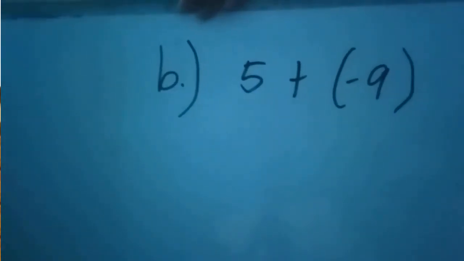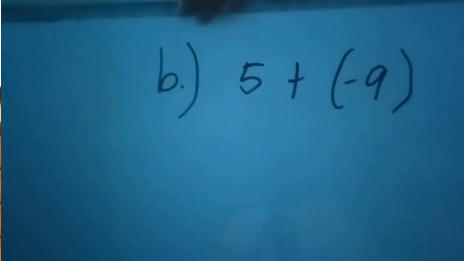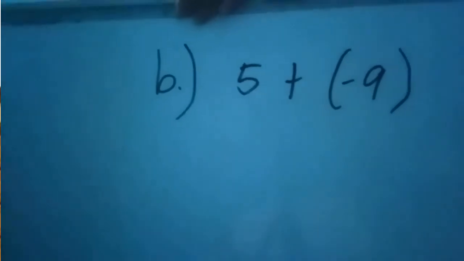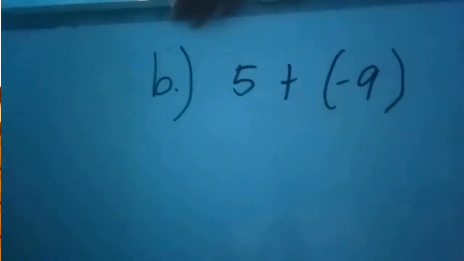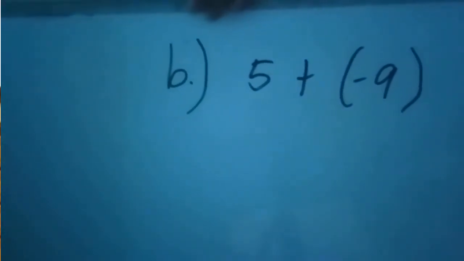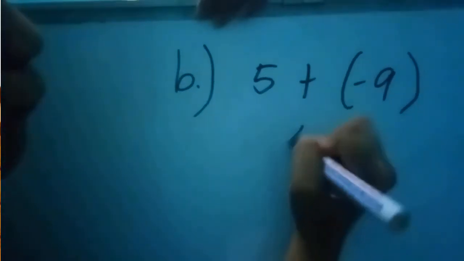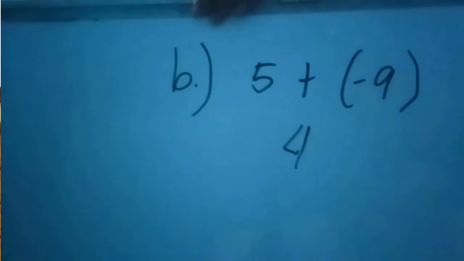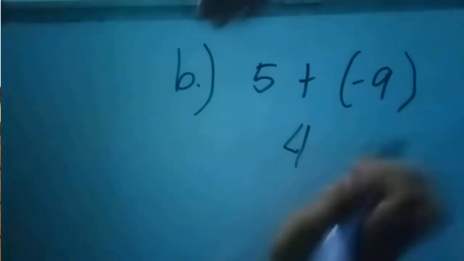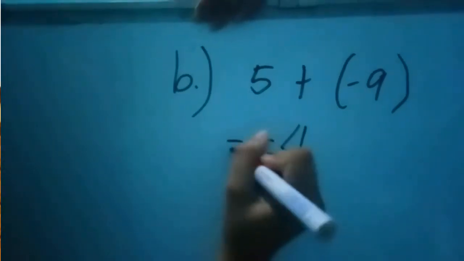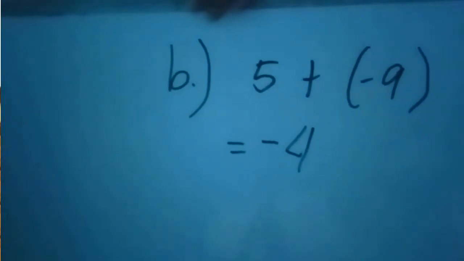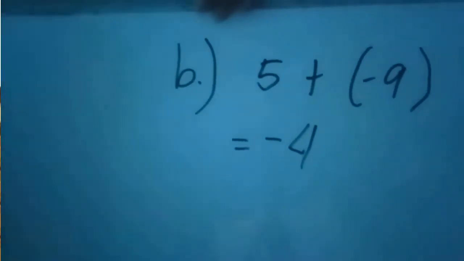Letter B, we have 5 plus -9. In this example, we have unlike signs. So we're going to subtract. 5 minus 9 is 4. Then copy the sign of the highest value. We have -9, so it is negative. So 5 plus -9 is equal to -4.